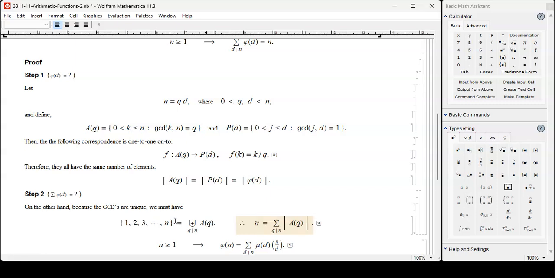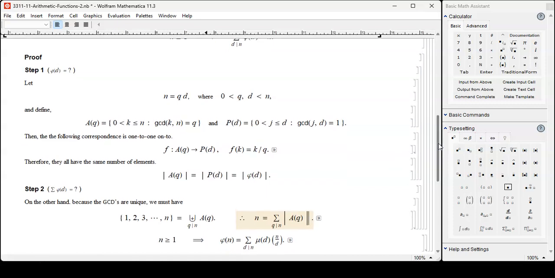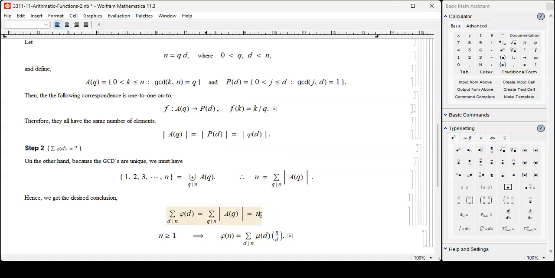So we are taking the number of elements to the left, becoming n, and the number of elements of this becoming this summation. We're pretty much done. Previously, we proved that the number of elements of AQ is phi of d, right? And we got n is the summation of the number of elements of AQ. So we get the desired conclusion.